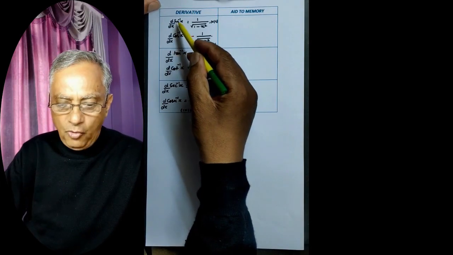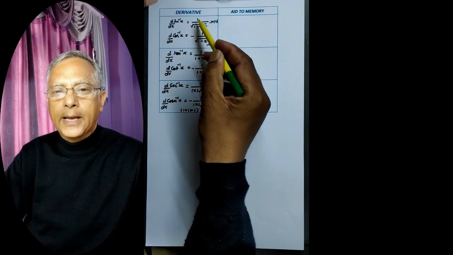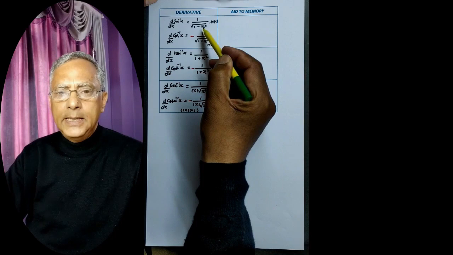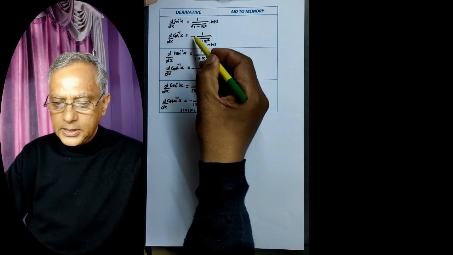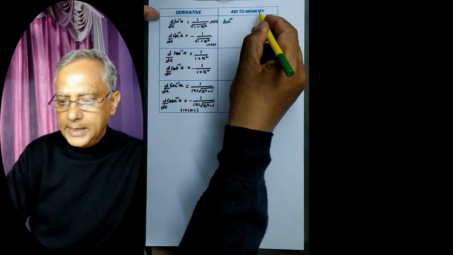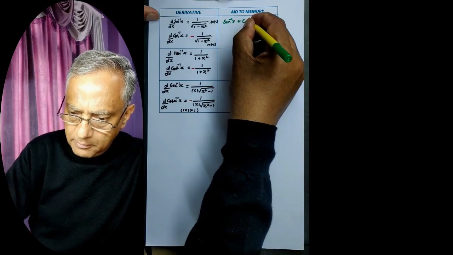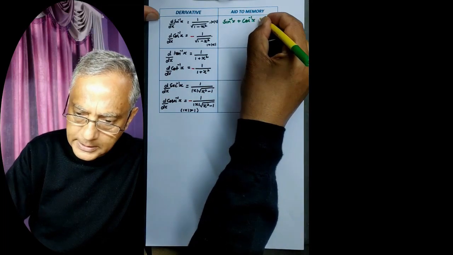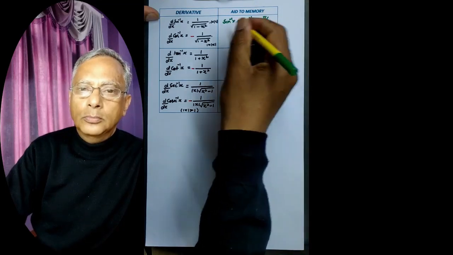Now, d by dx of sine inverse x is 1 over under root 1 minus x square. We have proved this result. And d by dx of cos inverse x is minus of this. As an aid to memory, we know sine inverse x plus cos inverse x is equal to pi by 2.